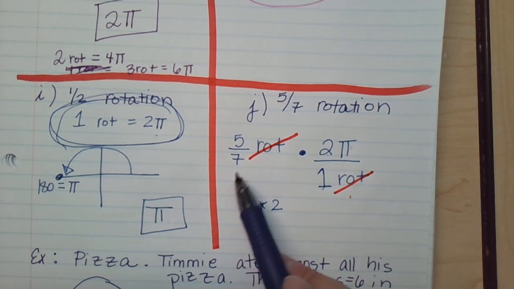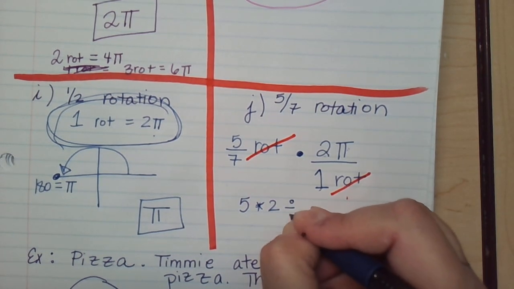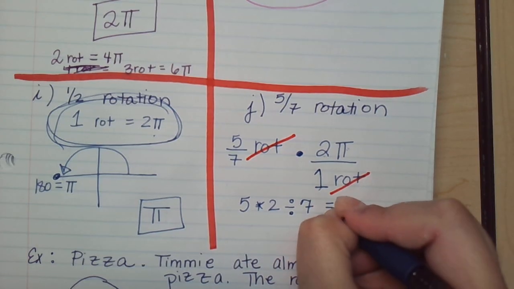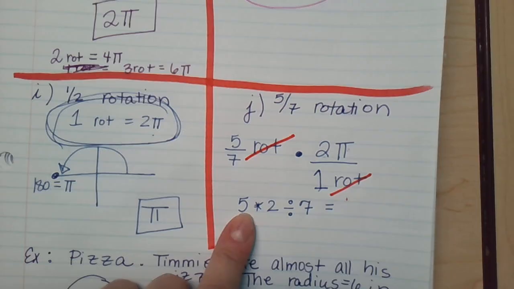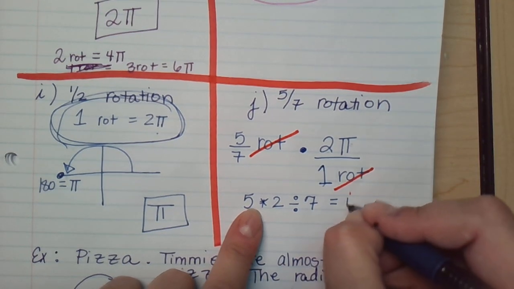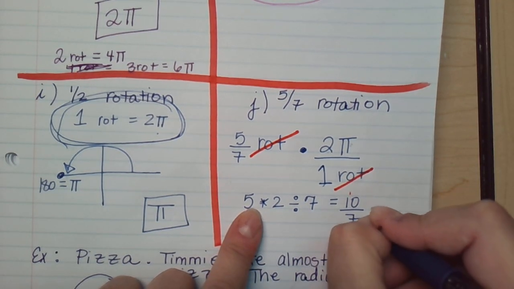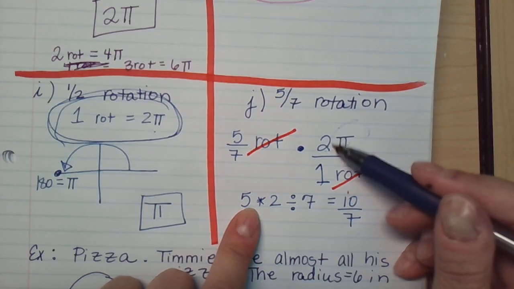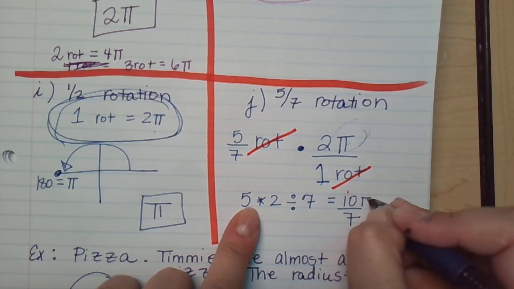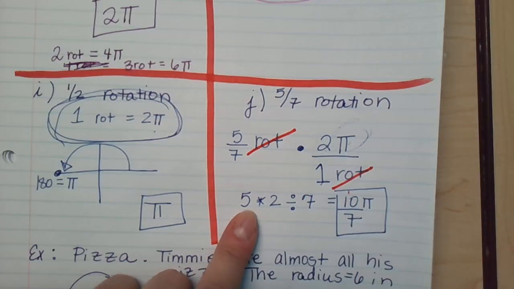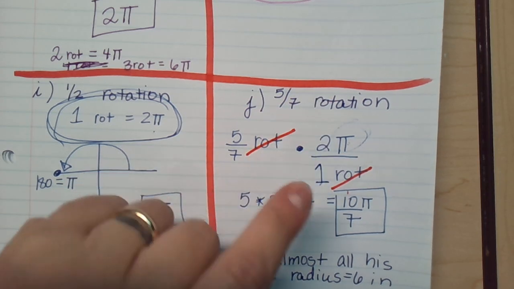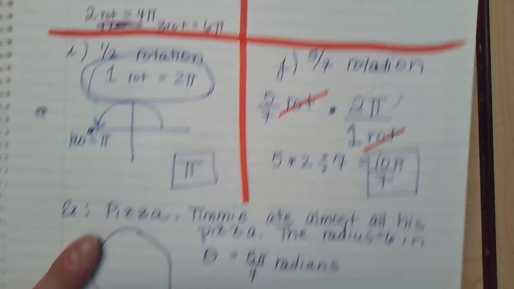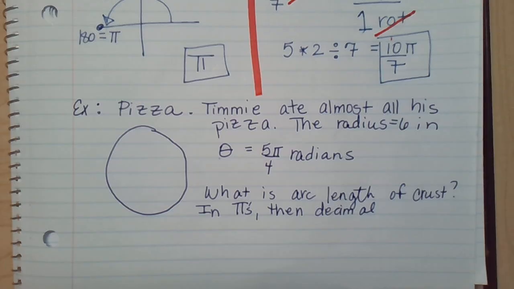Let's go ahead and divide by this 7 because 7's underneath. So divide by 7. And let's figure out what that is. We might have to press math enter. But it should give us 10 over 7. And see how the pi is still on top? We say 10 pi over 7 radians or whatnot. So just like we multiplied by pi over 180, here we said 2 pi was 1 full rotation.